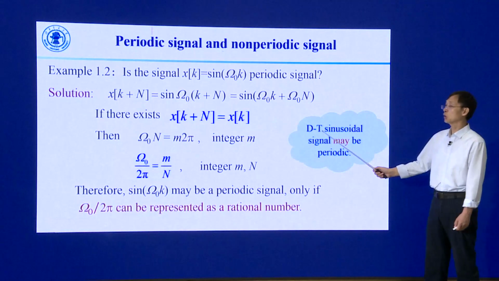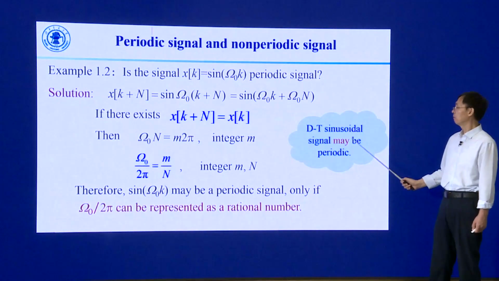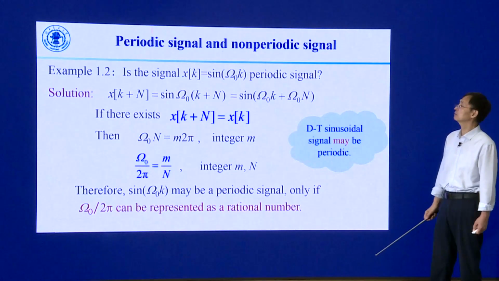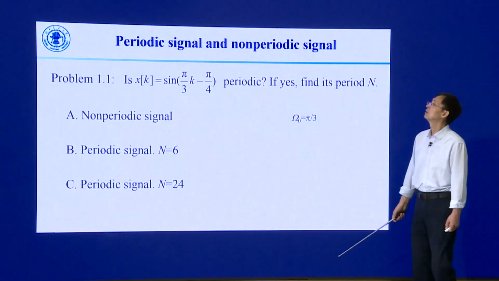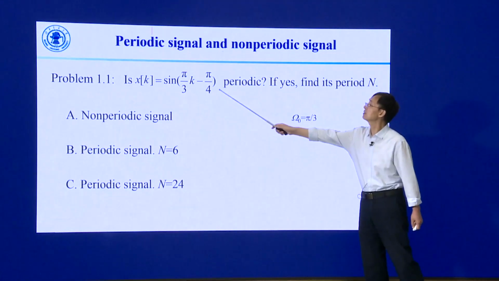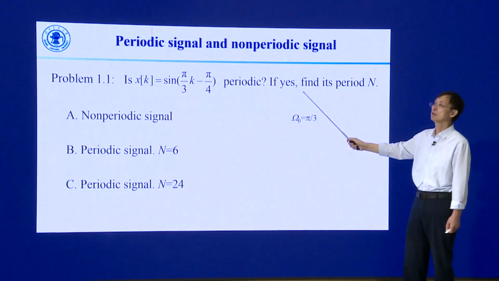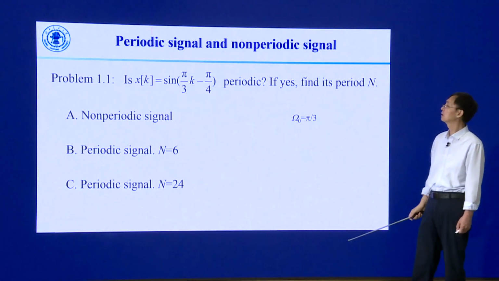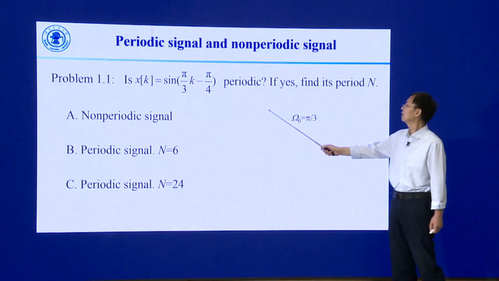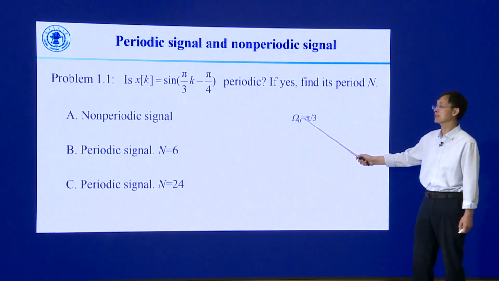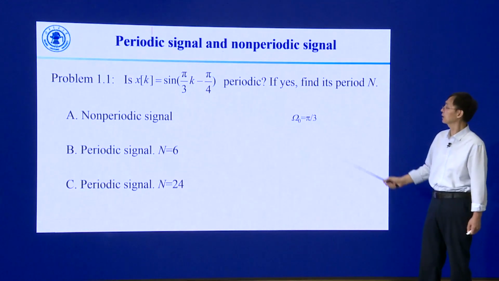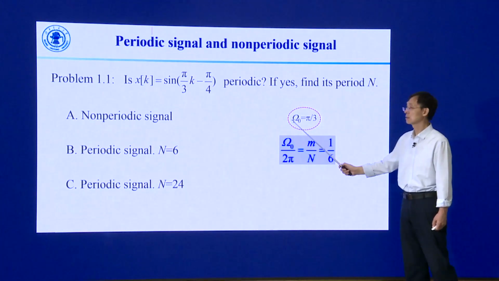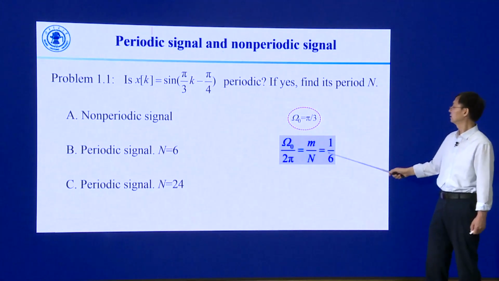Therefore, a discrete time sine signal may be a periodic signal. For example, is the signal a periodic signal? If yes, find its period n. Its angular frequency omega 0 equals pi over 3. According to this value, we can get this equation.